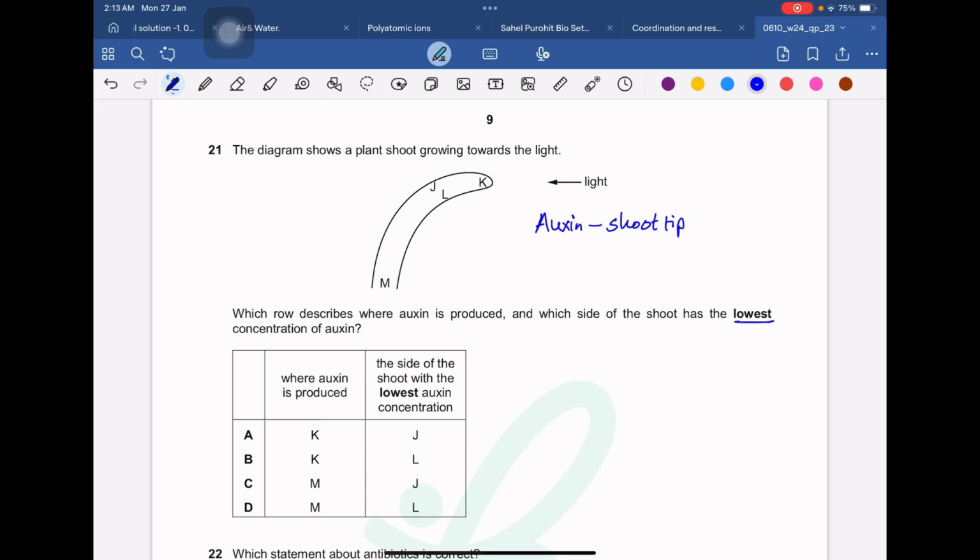So for that, the answer will be K, where oxygen is produced. So option C and D are eliminated. Now we need to say where the oxygen concentration will be the lowest. So oxygen always moves away from the light. So it will move towards J and the least concentration will be in L.